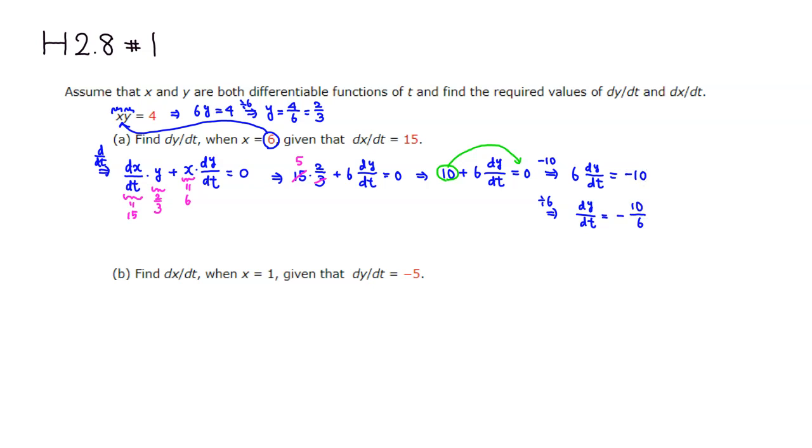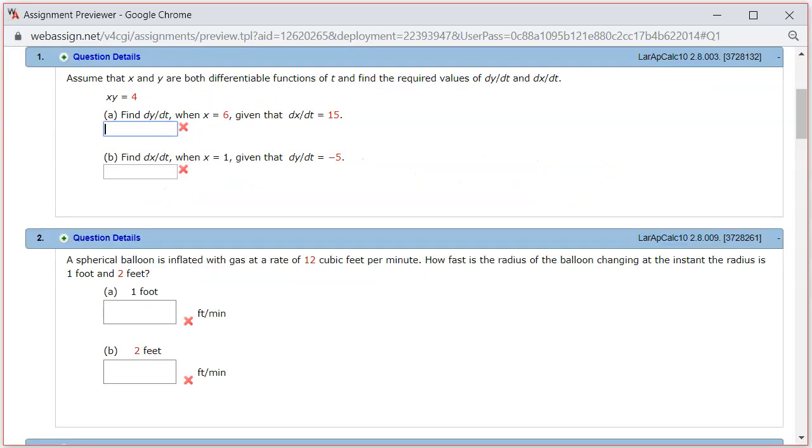We can cancel those out, a multiple of 2, so divide by 2: 5 over 3. So this is equal to negative 5/3. Let's type it in. We got negative 5/3. Let's check the answer. It came back and looks like we got part A correctly.